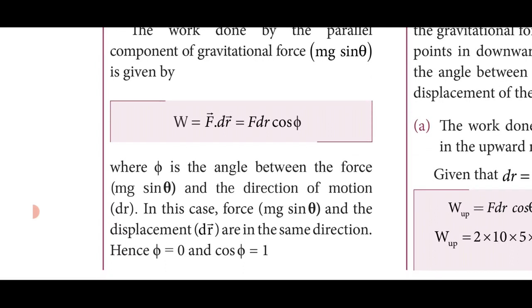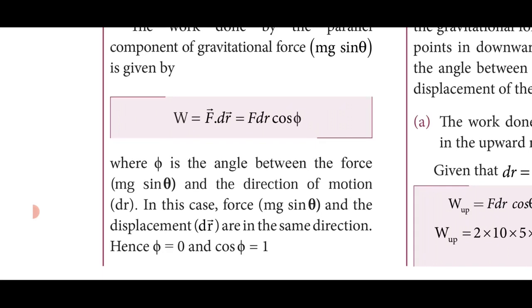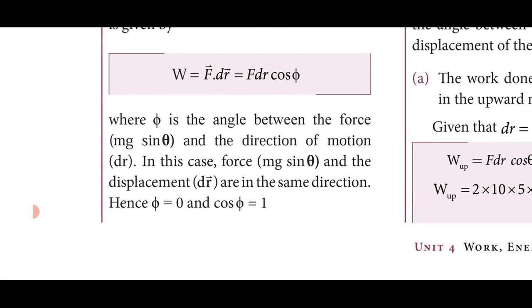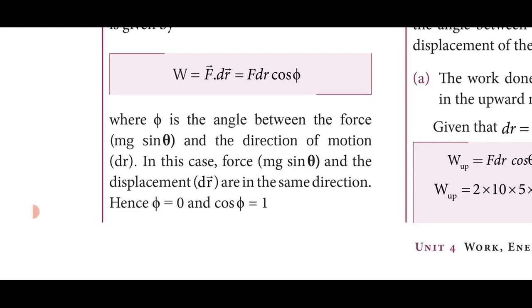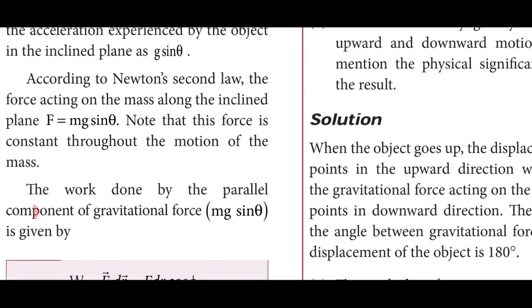Here we calculate W, the work done. Work done is equal to F dot dr, which is F dr cos phi, because theta is already used, so we take phi as the angle between the force mg sin theta and the direction of motion dr. In this case the force mg sin theta and the displacement dr are in the same direction, so phi is equal to 0 and cos phi is equal to 1.